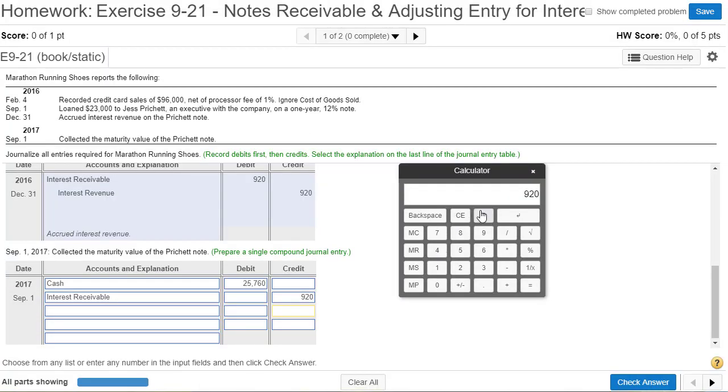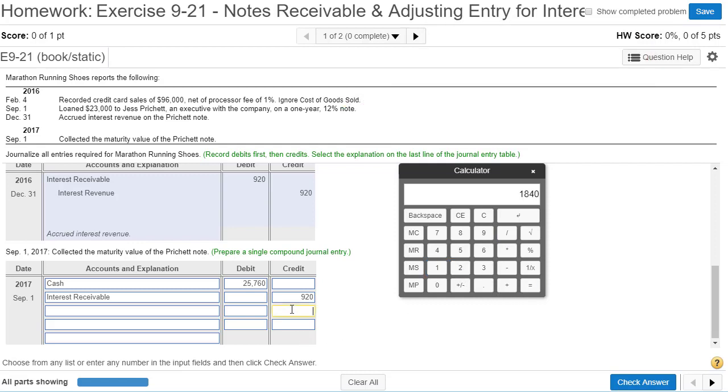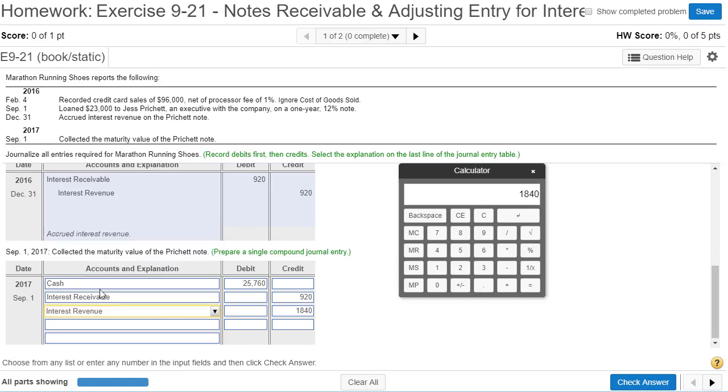So let's clear it. 23,000 times 0.12 times 8 months divided by 12 equals 1840. So that's the interest we've earned from January 1st to September 1. So interest revenue. Okay, so now notice this still does not balance.